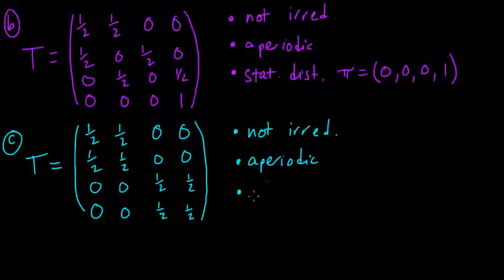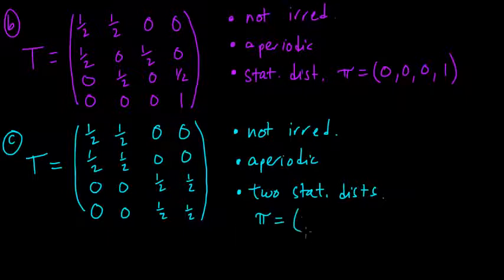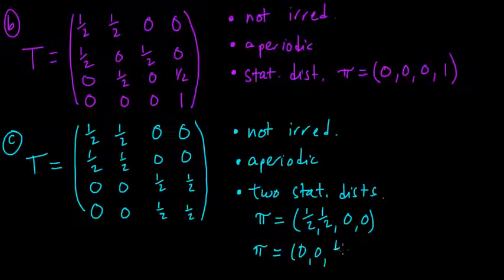And the interesting thing here is that there are 2 stationary distributions. So a stationary distribution is not necessarily unique. So we have the following 2 stationary distributions. Both of these satisfy that equality, not an inequality.